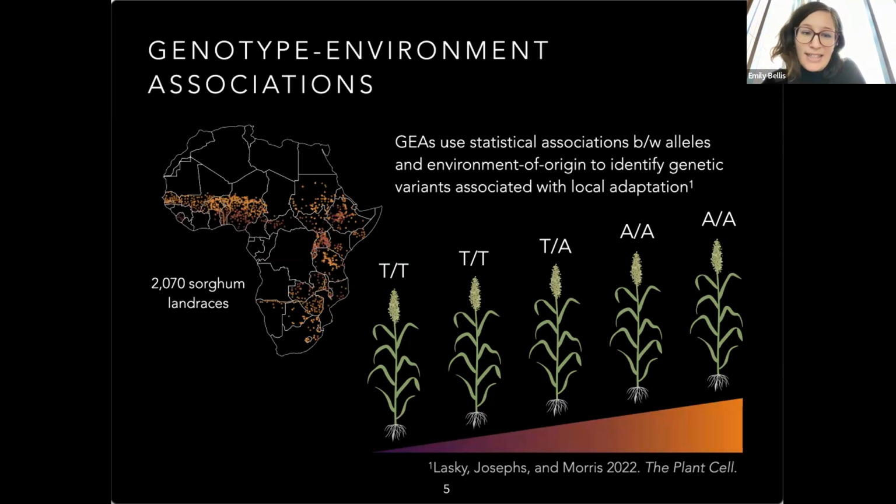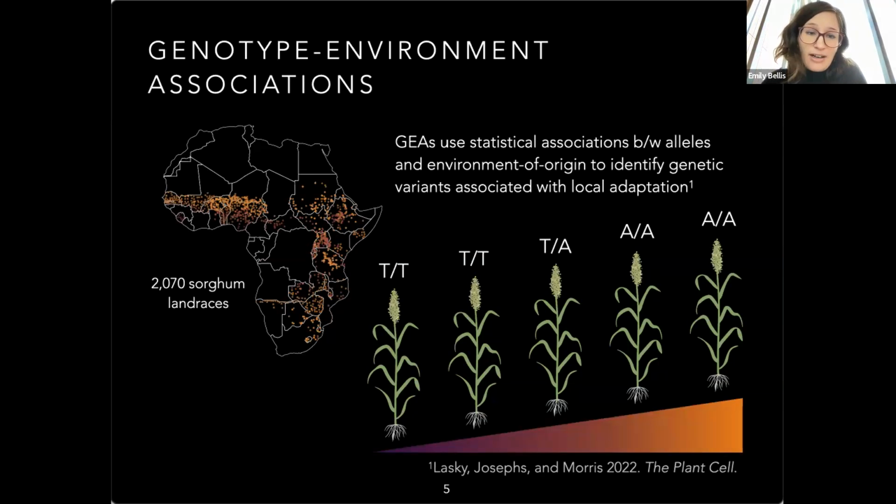The general idea here is if we have access to really incredible genetic and germplasm resources, like we do for sorghum, for example. What I'm showing you in this map here is more than 2,000 sorghum landraces. Each of those points is a separate landrace distributed across many different countries in Africa, and they're colored by the level of rainfall at that location.